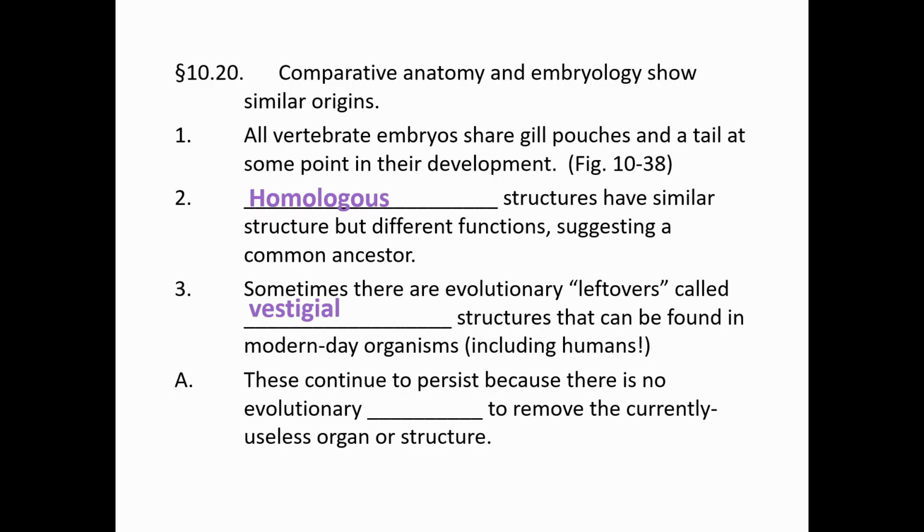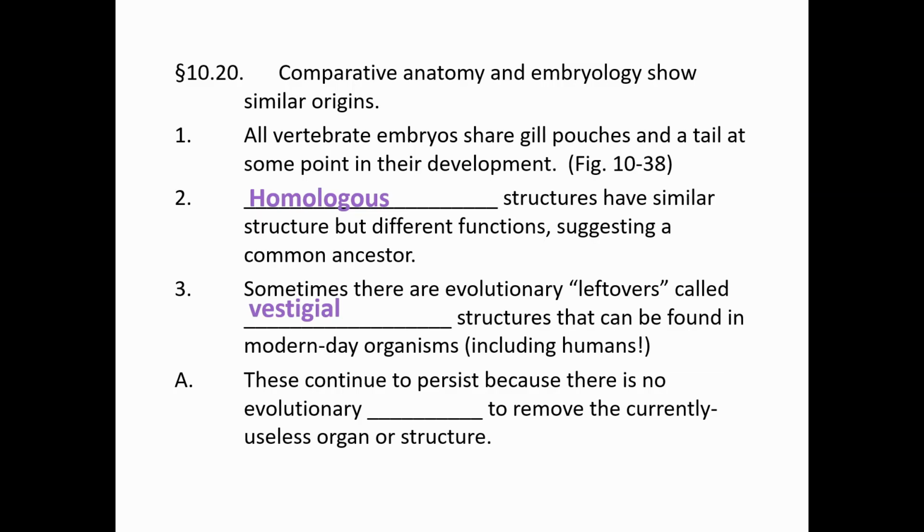And with humans, things like our wisdom teeth would be considered vestigial as well, and also our tailbone. So there are a lot of structures that are considered vestigial because they are basically shrunken, not really useful structures that are basically ghosts of traits past.